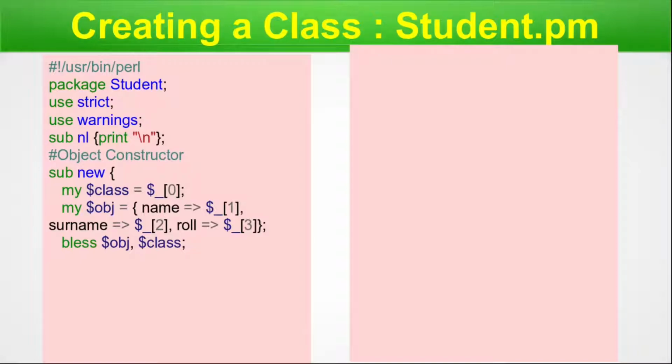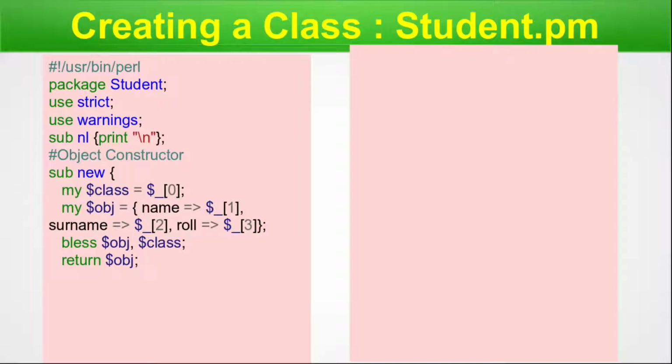If you see the three lines, in the first line we got the class name from $_[0], and in the next we get all the data and punch it into a single data structure, and now we are saying that this is an object of the class. The bless function does that.